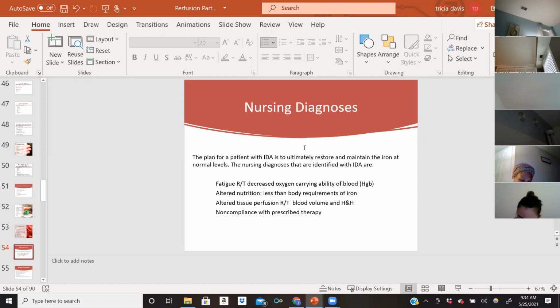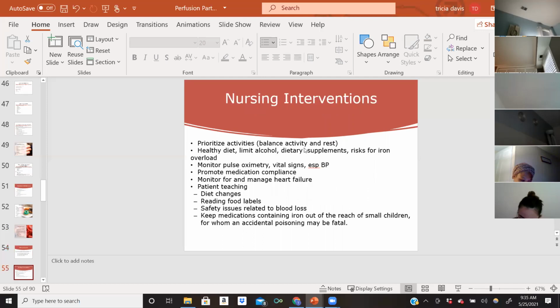So some of the things that we identify are fatigue related to decreased oxygen level, decreased oxygen carrying ability of the blood; altered nutrition, less than the body requirements of iron; altered tissue perfusion related to reduced blood volume and H&H; and then non-compliance with prescribed therapy.